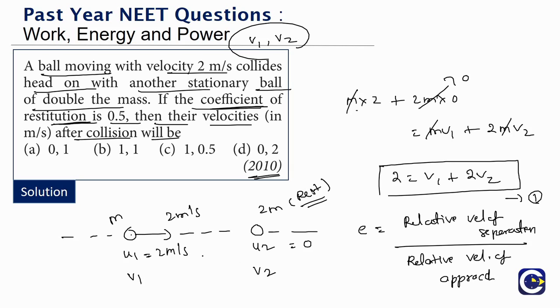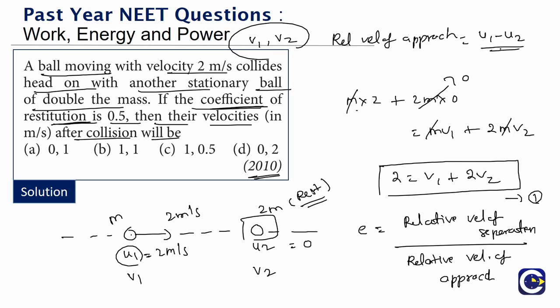So if you look at it, u1 is approaching, or rather the mass m is approaching 2m. So the relative velocity of approach, if you see with respect to 2m, it will be like m is approaching. That will be equal to u1 minus u2.